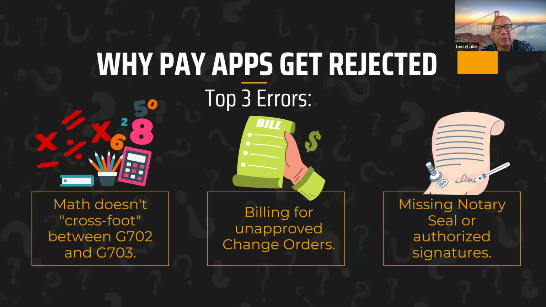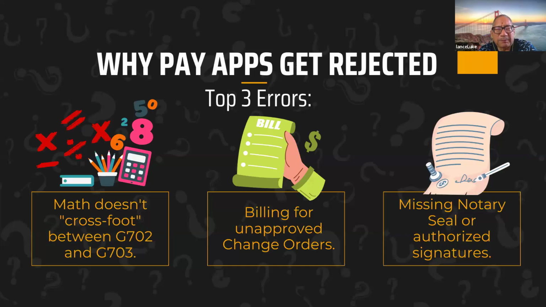Why pay apps get rejected? Top three errors. The math doesn't add up. You've got to cross check things and ask, well, how come the contractor's billing for 102,000 on the spreadsheet, but then on the invoice it says 100,000? Something doesn't make sense. There's erroneous information somewhere.